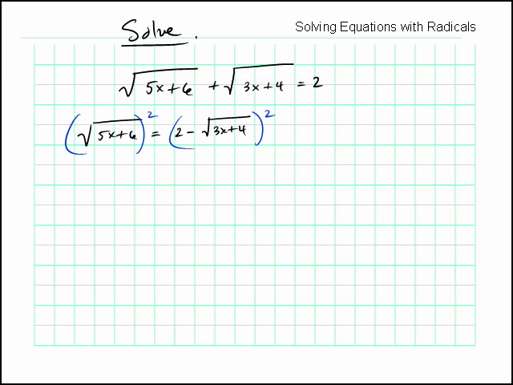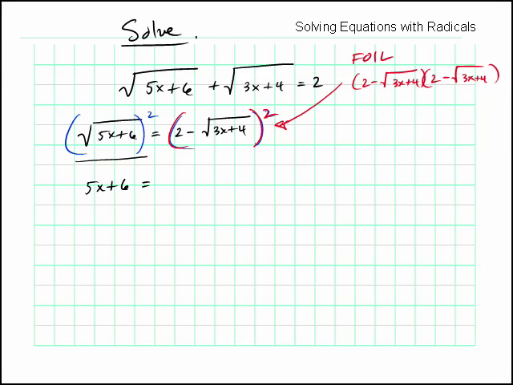The left side, the square root and the square cancel each other away, and that leaves you with 5x plus 6. Now on this side, I have to FOIL that out. That's 2 minus square root of 3x plus 4 times itself.